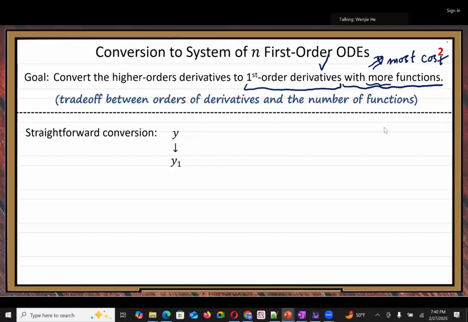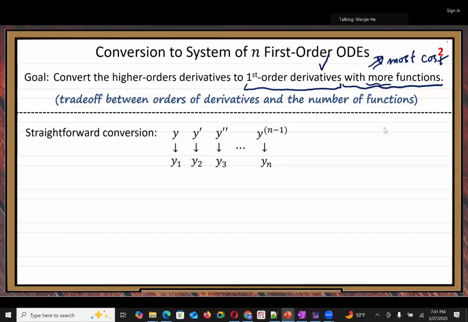Then y prime we replace by y2, subscript 2, and so on, up to the n minus 1 order derivative, which becomes yn. And the last one we do not need.